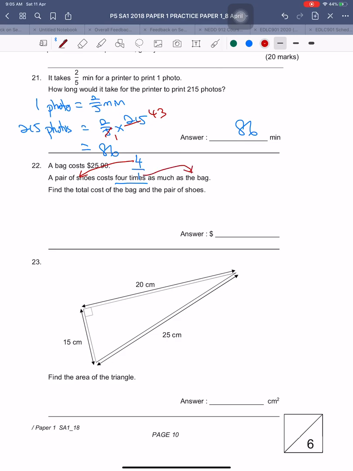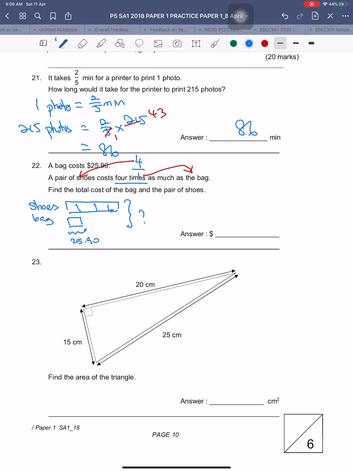Okay, so if you were to draw a model, the shoe will be 4 units, the bag will be 1 unit. And you know that the bag costs $25.90. The question wants you to find the total cost, which is the whole thing of the bag and the shoes.